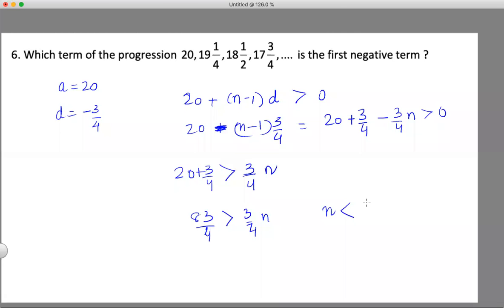It's less than 83/3, which is 27.67. Arpan Sharma, switch on your camera.